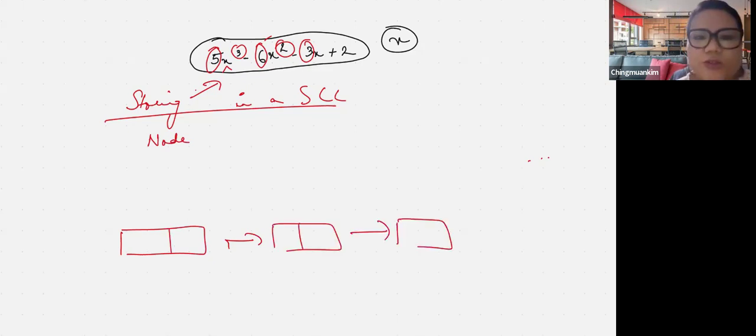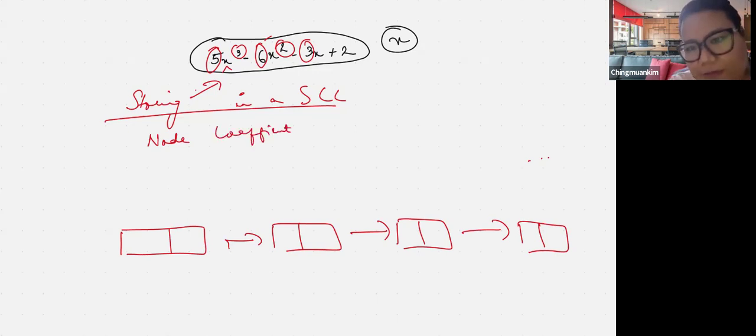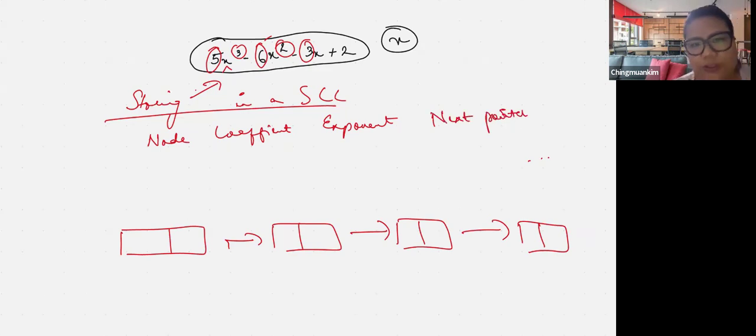So the number of nodes is important, then the coefficient is important, and we have the exponent, and we have the next pointer, right? Okay, so let's make this one node, second node, third node, and fourth node, all right? So let's fill this up. Let's make it in the form of a table.